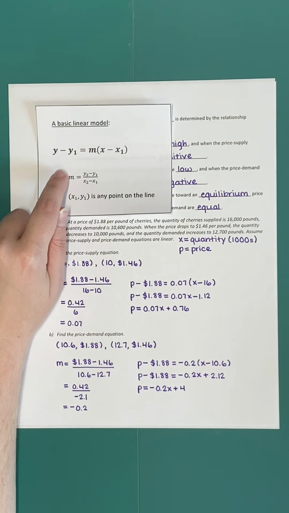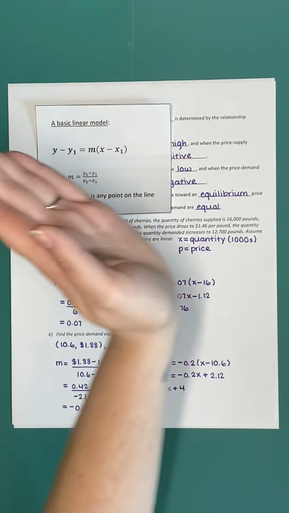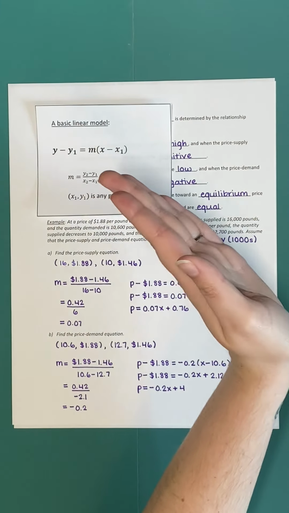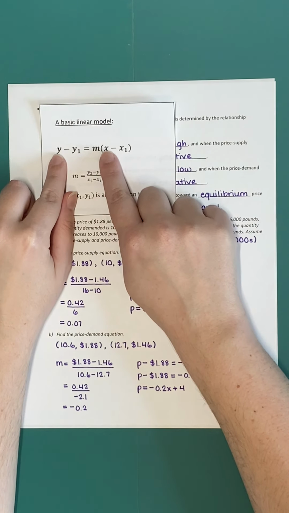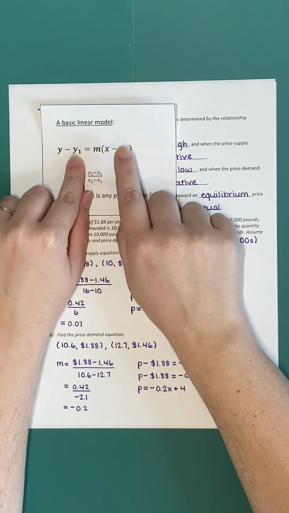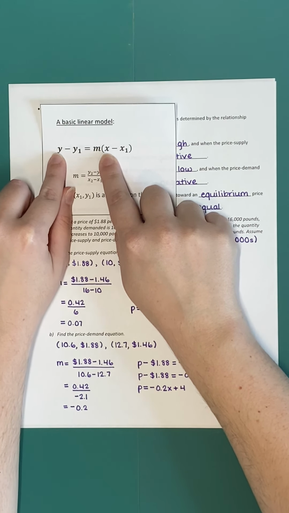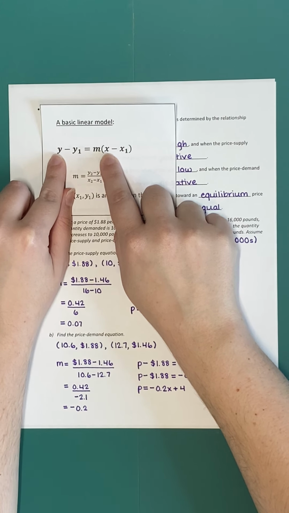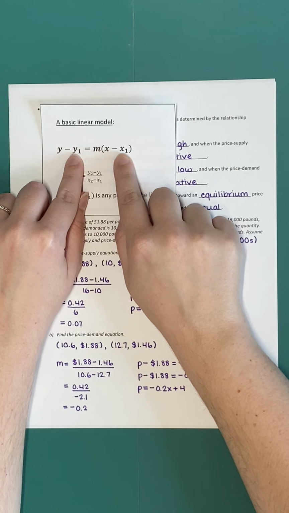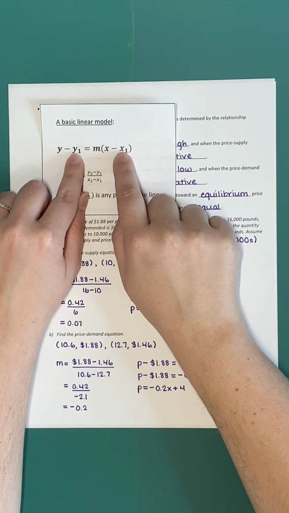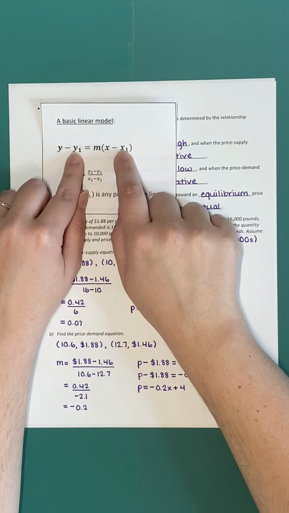If it's a positive slope, that means our line is oriented upward. If it's a negative slope, that means our line is oriented downward as we go from left to right. Now, notice the x and y don't have subscripts, whereas these two do. The ones that don't have subscripts are the actual variables modeling the relationship between x and y in our equation. Whenever you see variables that have subscripts, those mean we're going to substitute fixed values.